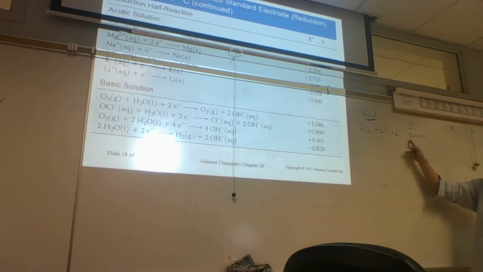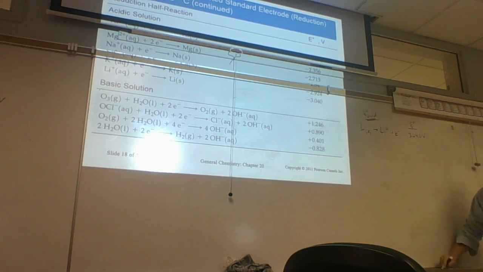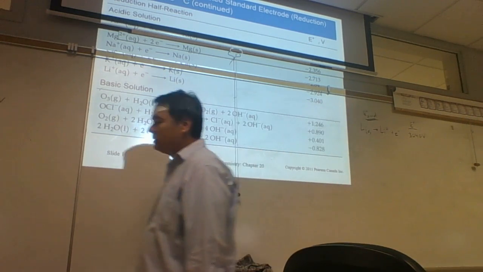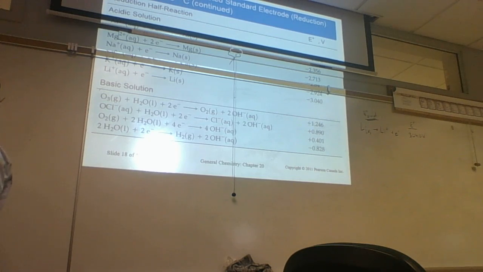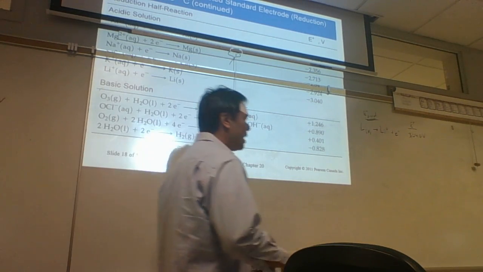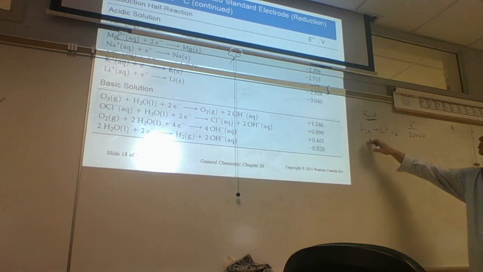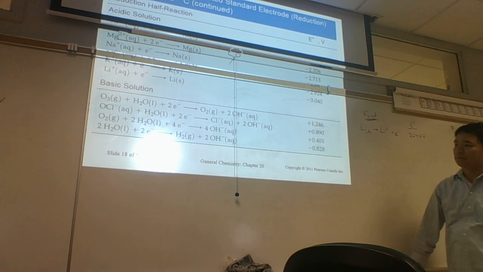This is going to have the highest oxidation potential, which means this has the highest potential to be oxidized. Over here, this has the highest potential to be reduced. And so high potential means it is the most likely to be oxidized or reduced.